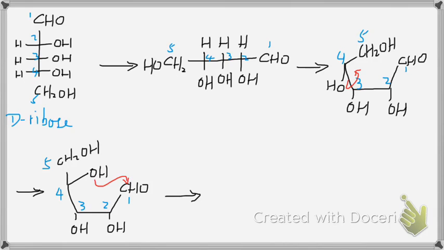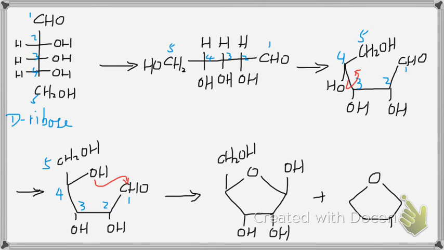Again, keep the stereocenters. The stereocenters will not change. But what about carbon 1? Carbon 1, previously, is an aldehyde carbon. It's not chiral.